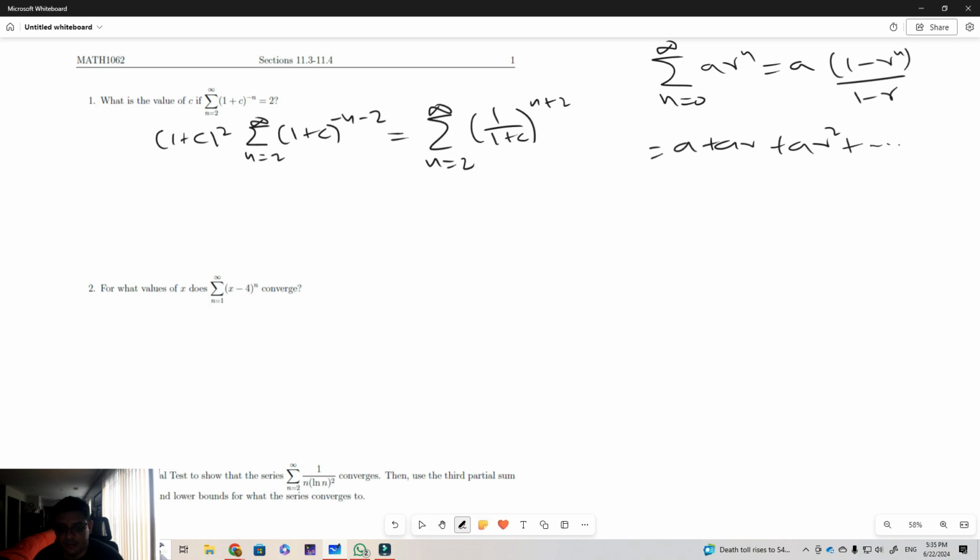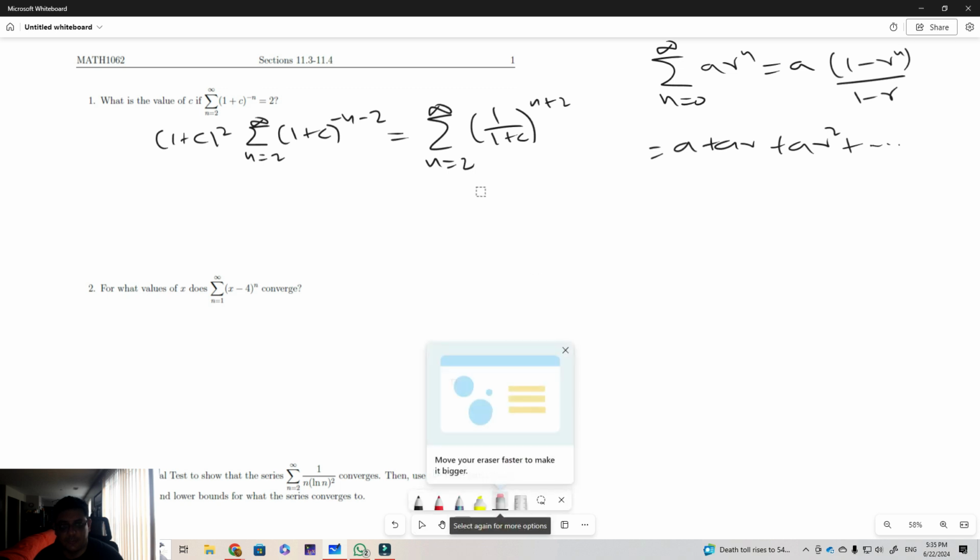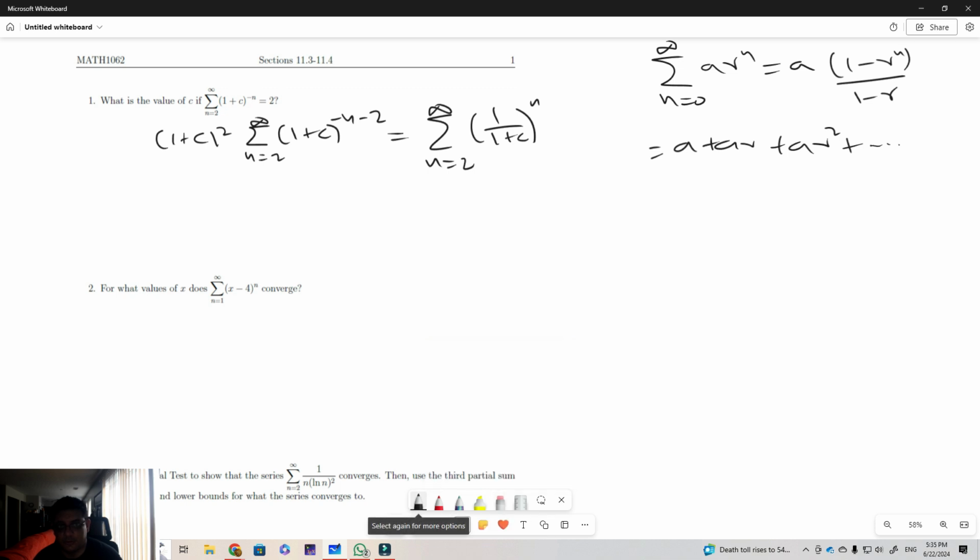This would be n minus 2. So it needs to be a plus 2 here, and if it is a plus 2, then it's a minus 2 here. Yep, so minus 2 here.